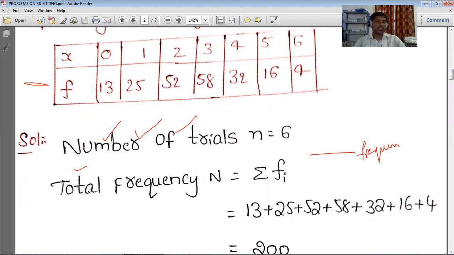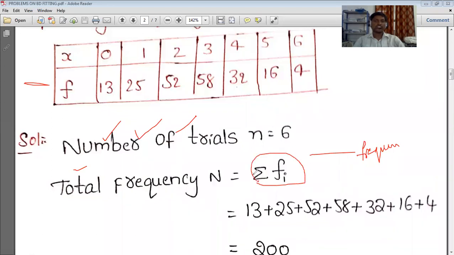Now we are going to calculate capital N. That is nothing but the total frequency, which we get just by adding all the observed frequencies. That is summation fi: 13 plus 25 plus 52 plus 58 plus 32 plus 16 plus 4.